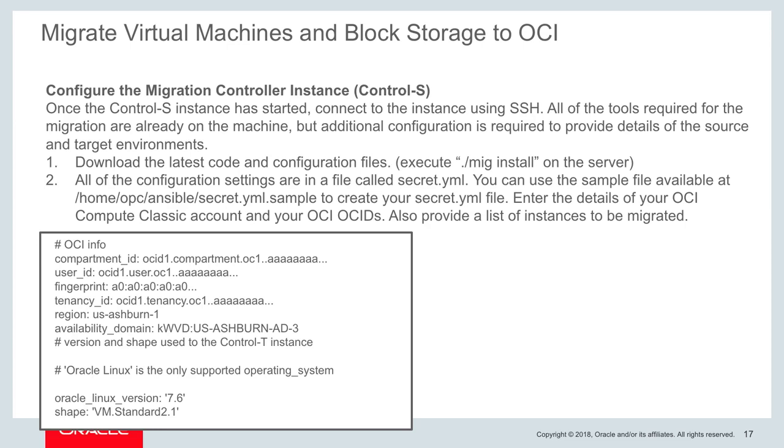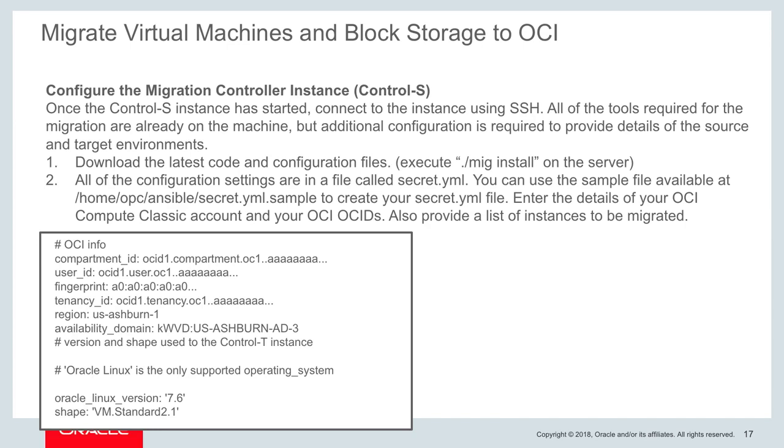Enter the details of your OCI Compute Classic account and your OCI OCIDs, and also provide a list of instances to be migrated. So in this screenshot, you will see that this YAML file has the information for the compartment ID, the user ID, the fingerprint for the API key, the tenancy ID, the region, and the availability domain for the infrastructure.